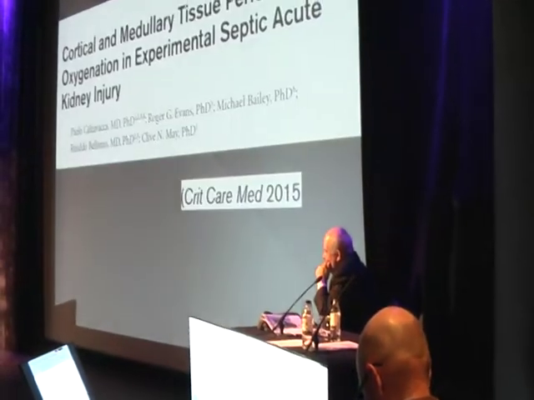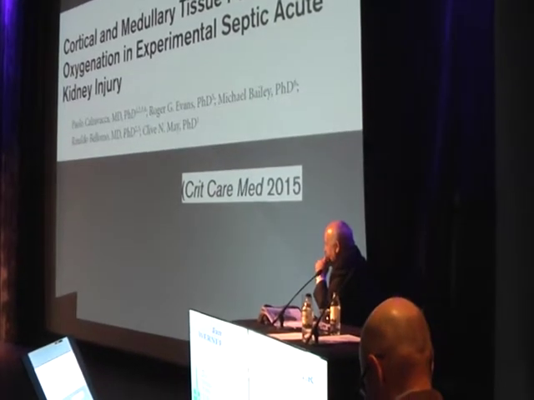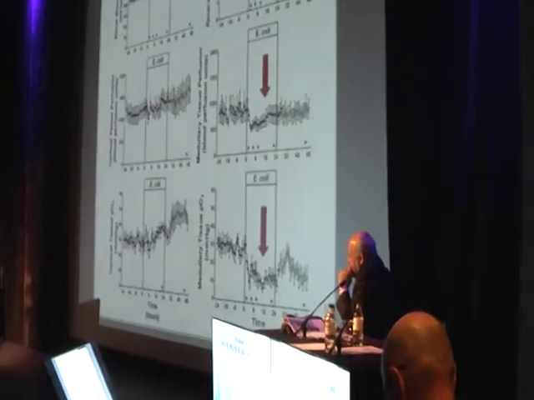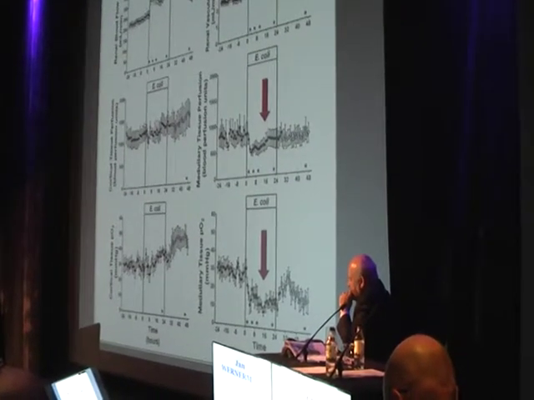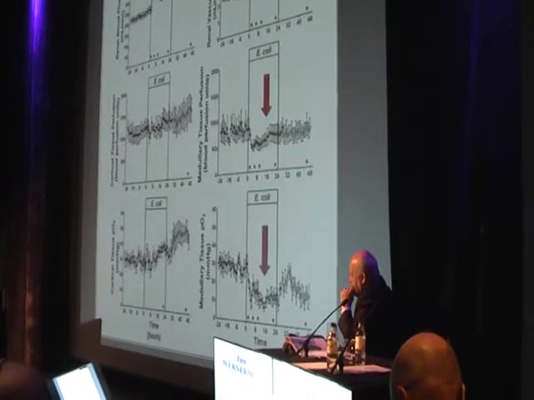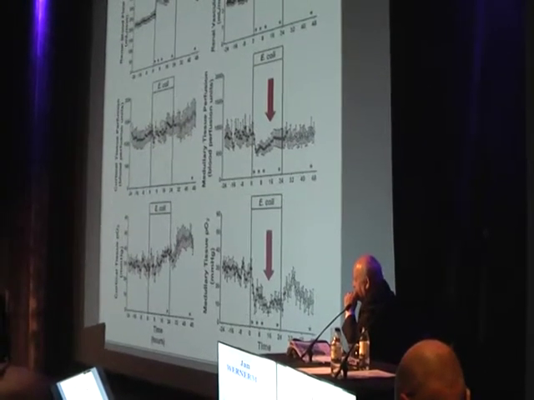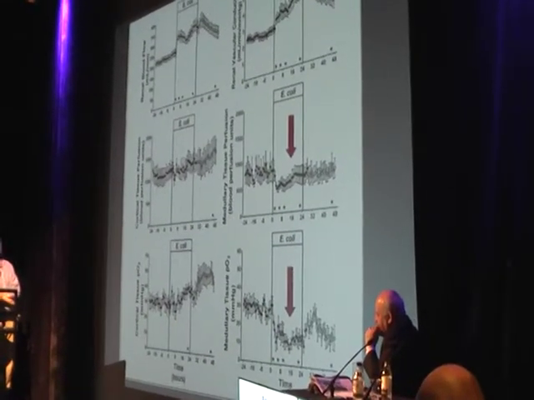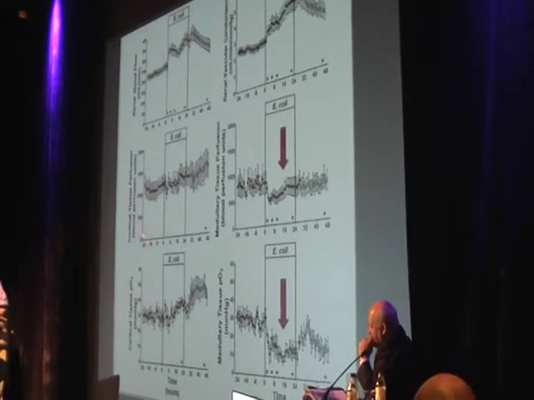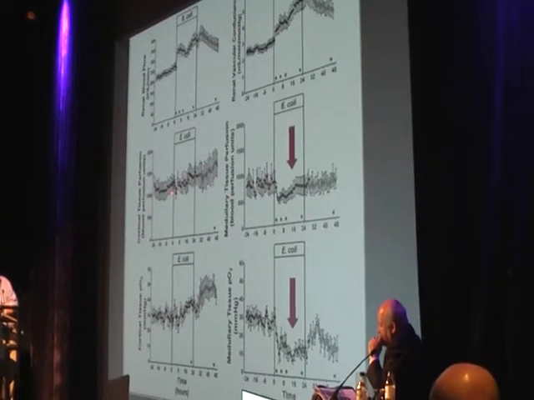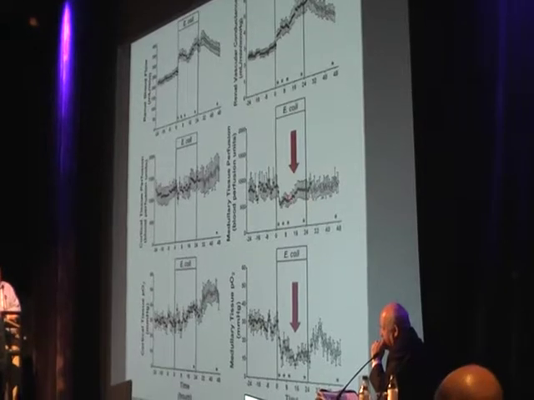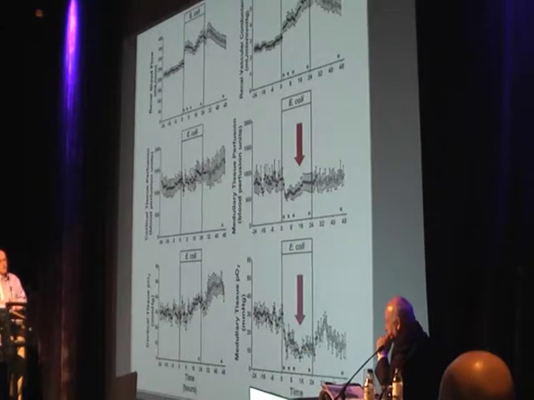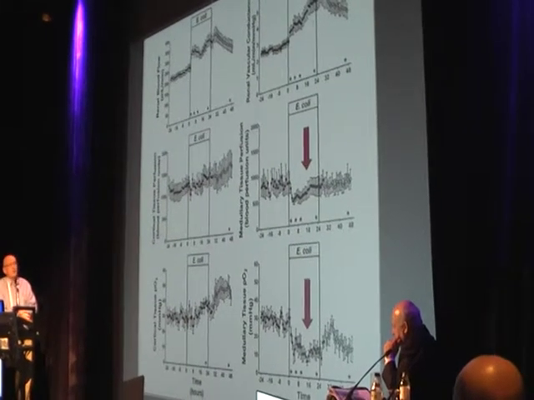Go back to the sheep, and you look at the assessment of cortical and medullary perfusion and oxygenation in septic acute kidney injury. When you do that, in the model that I showed you, you see that even though cortical tissue oxygenation measured directly by oximetric probes is preserved, and cortical tissue perfusion is preserved, medullary perfusion using laser Doppler flowmetry and medullary oxygenation using oximetric probes actually falls.